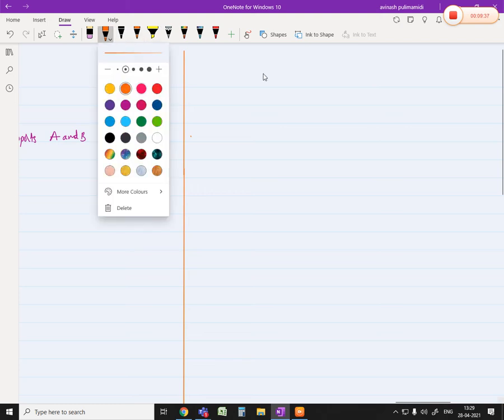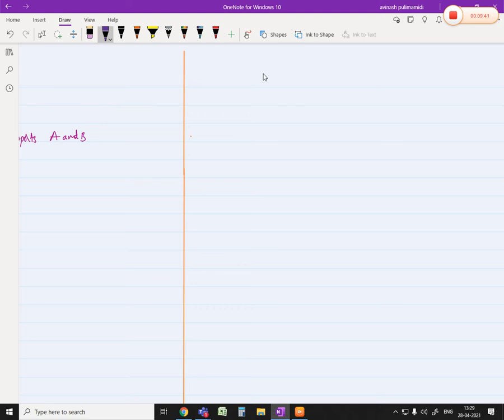So let me change the ink here. Now, the first point is the two forces acting on the portion OP, the curvature OP of the conductor. What is that curvature?